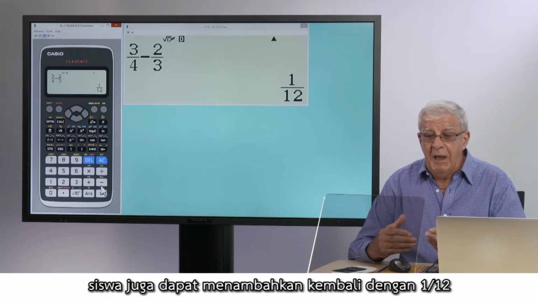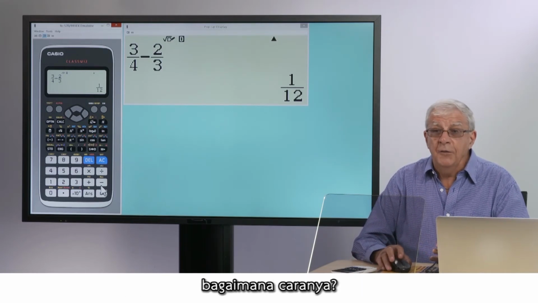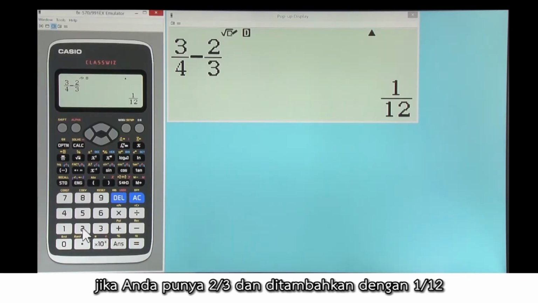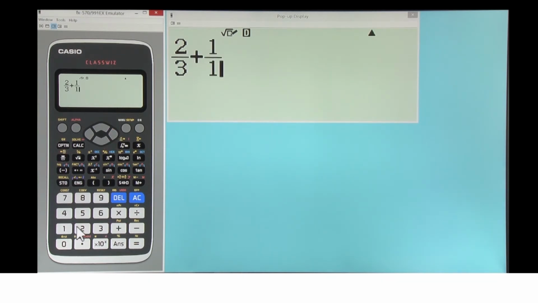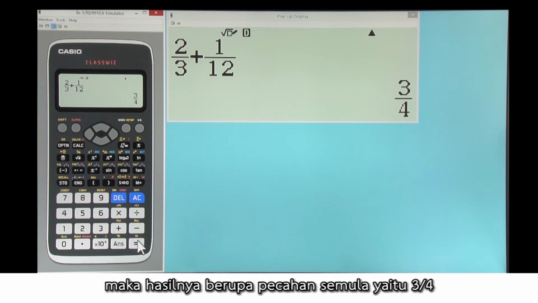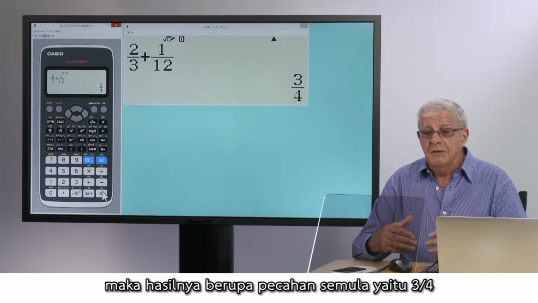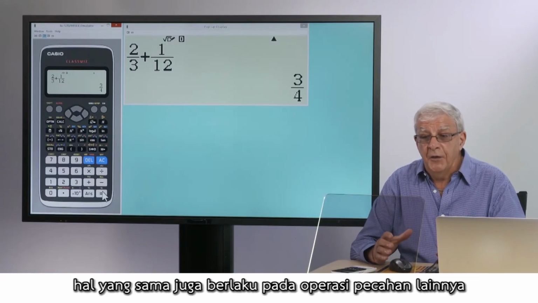Students can see by adding back the 1/12 how this works, that in fact if we have 2/3 and add 1/12, we get the result we started with, which is 3/4, just the same as we do with other numbers.